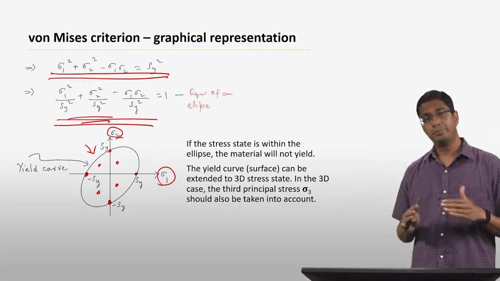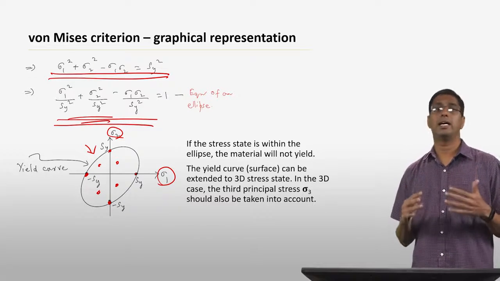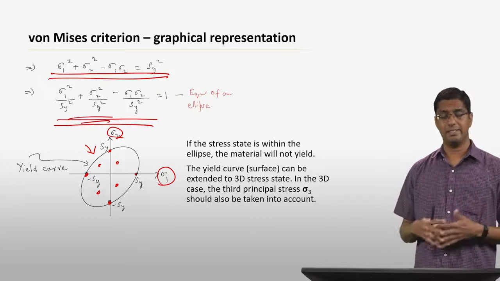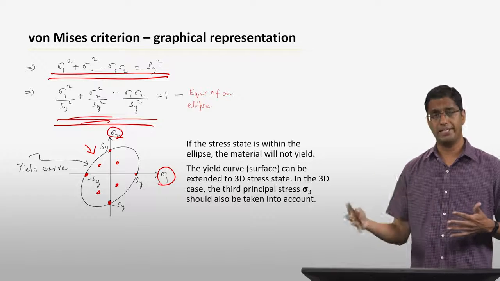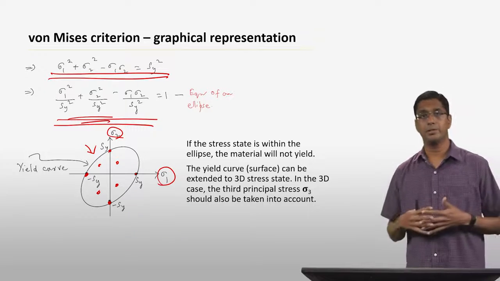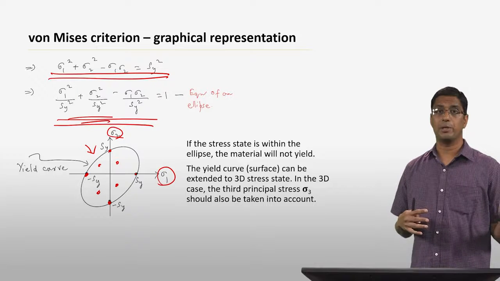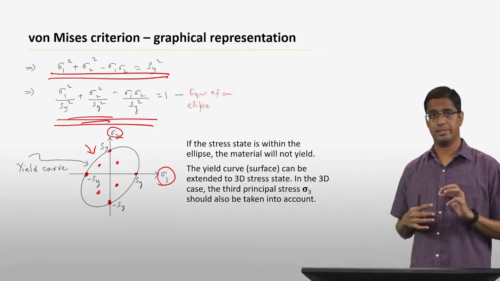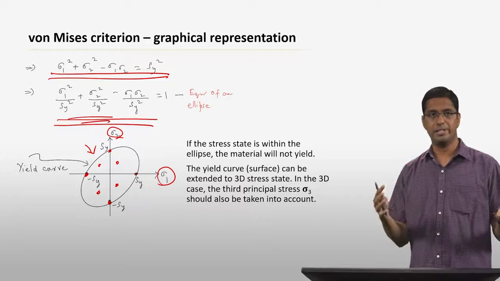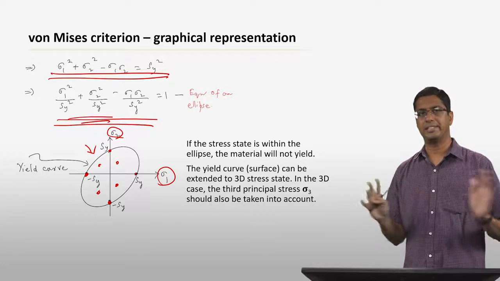Now, in this case, we have looked at a 2D stress state, but you can also extend this particular analysis to a 3D stress state. The only thing is that if you take the 3D stress state into account, you also have to take into account sigma 3, which is the third principal stress. The shape will not be so simple because it's in 3 dimensions, but essentially the procedure is exactly the same.